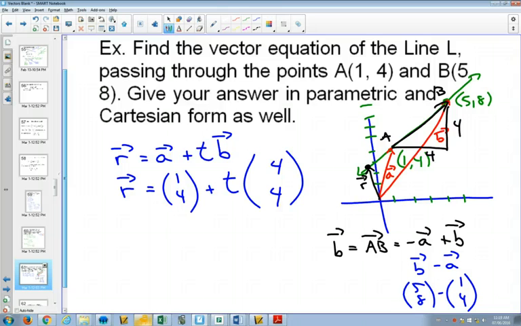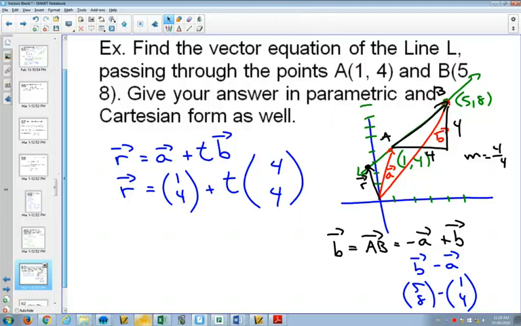What would you do if you had that slope? If you had that slope and it was 4 over 4, you'd probably reduce it to 1 over 1. So if you wrote your direction vector here, instead of 4 over 4, if you wrote it as 1 over 1, that would be correct as well. So there's a fair number of options of things that you can do here, and all would be correct.